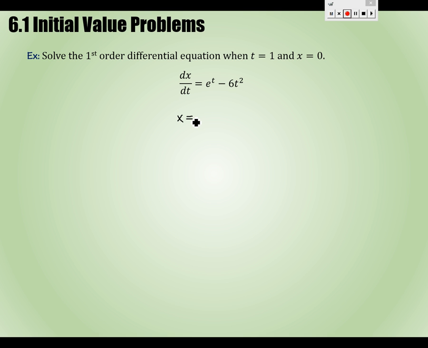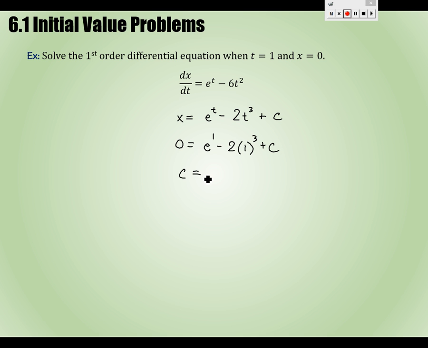So integrating both sides gives e to the t minus 2t cubed, plus some constant there. And then plugging in, let's do this carefully, we get 0 equals e to the 1 minus 2 times 1 cubed plus c.